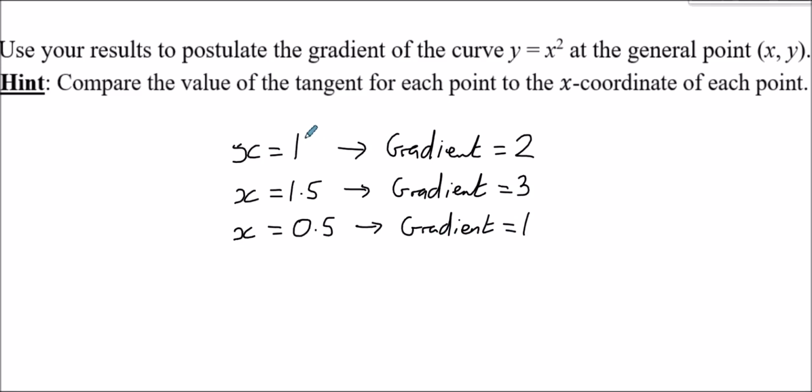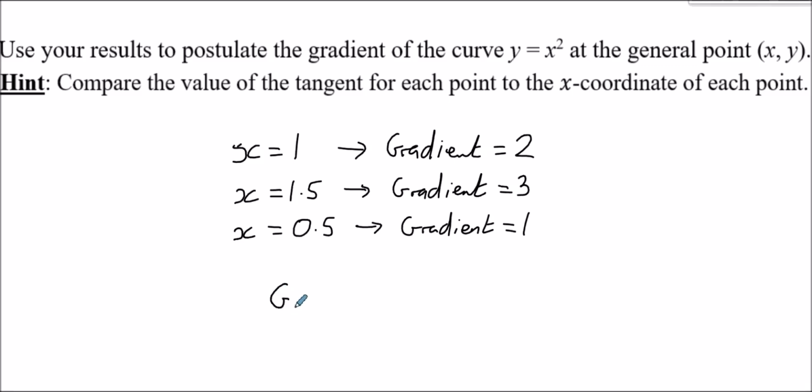And so what's the relationship between the x-coordinate on the curve y equals x squared and the gradient at that point on the curve? 1 goes to 2, 1.5 goes to 3. When x is 0.5, it goes to 1. Hopefully you can see that the gradient for any point (x, y) on the curve y equals x squared is simply double the x-coordinate.